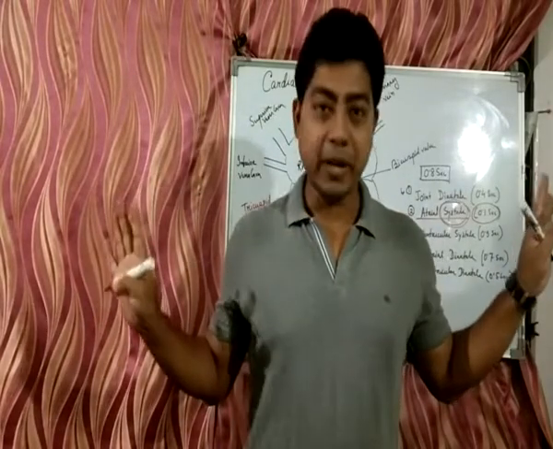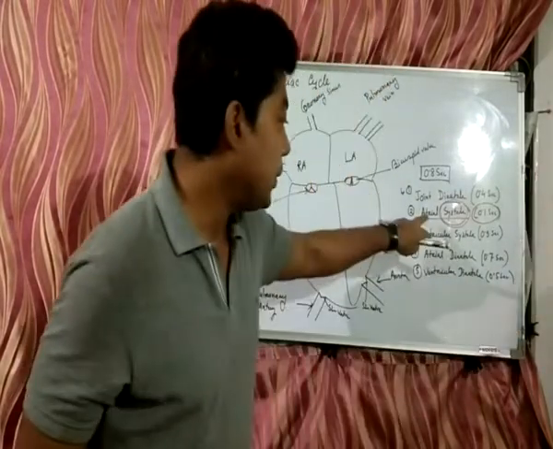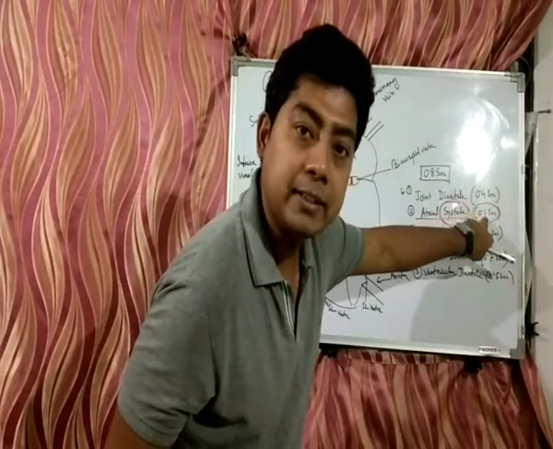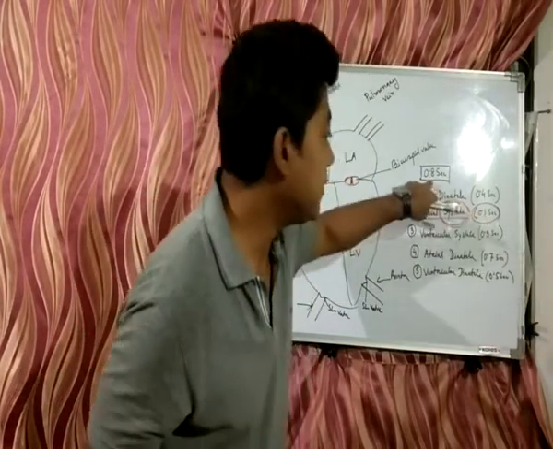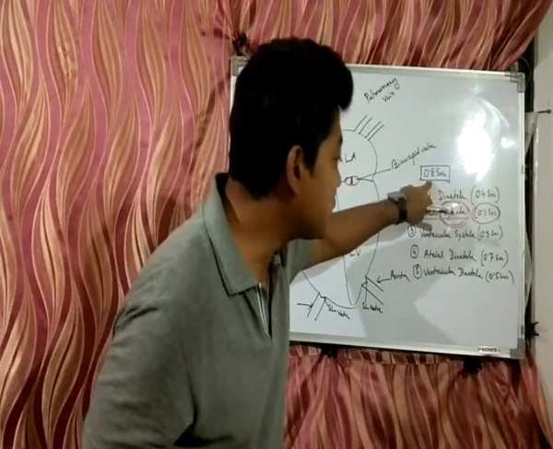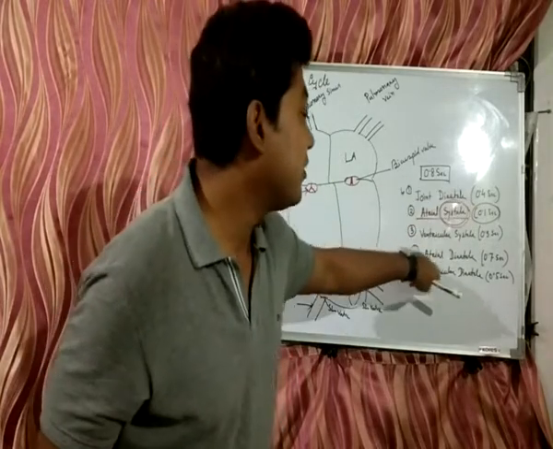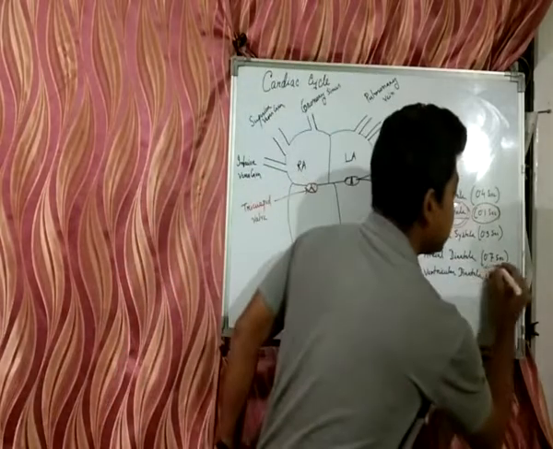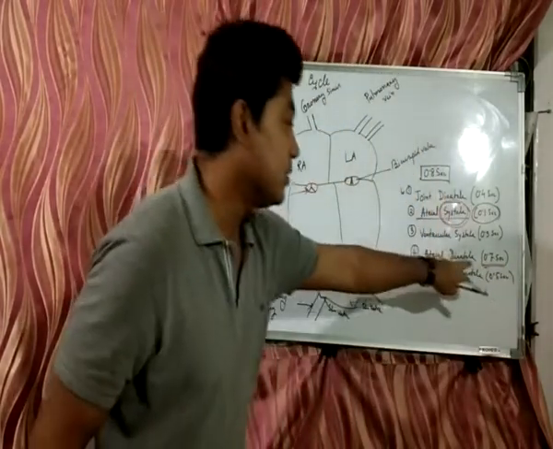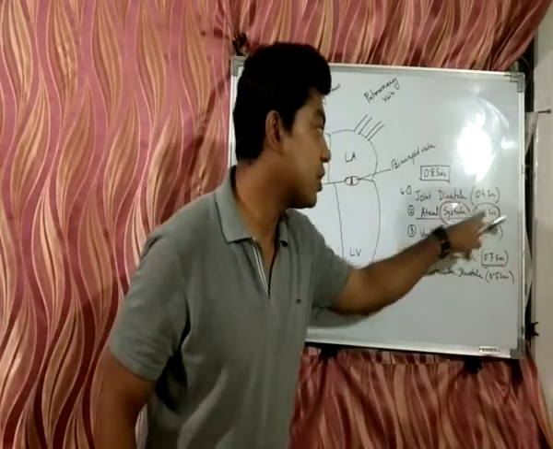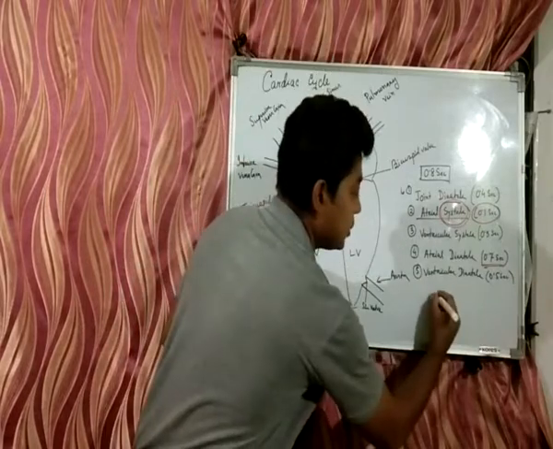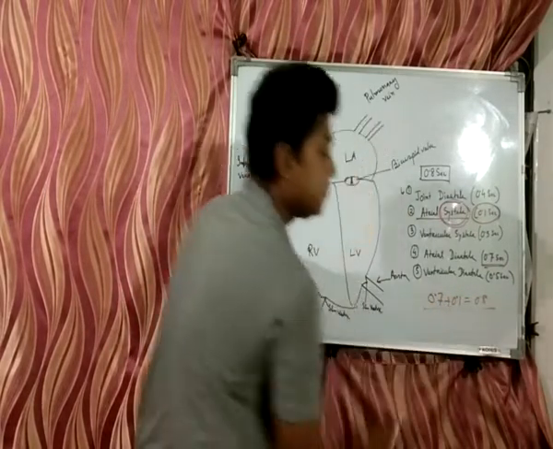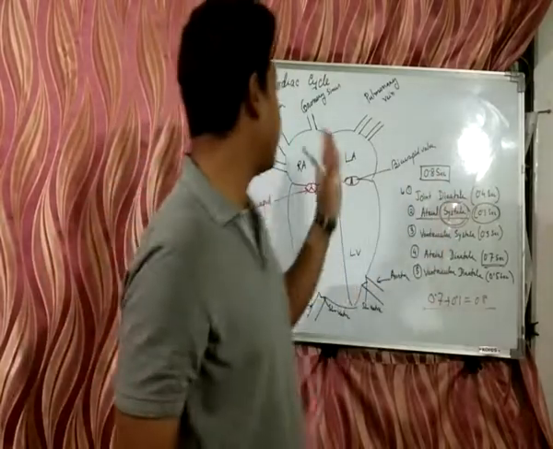So atria contract only for 0.1, and the total time is 0.8. That's why atrial diastole is 0.7. So diastole 0.7, systole 0.1, so 0.7 plus 0.1 equals 0.8 second. That is for this atria, this part.